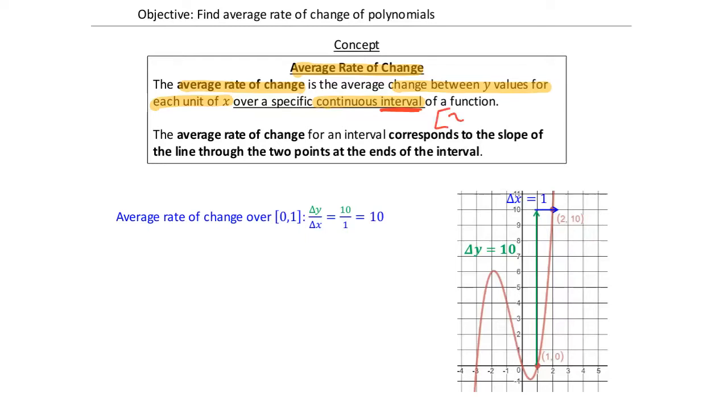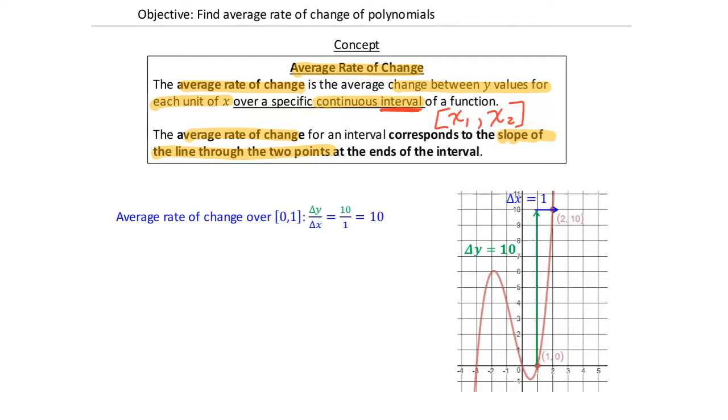You have an x1, comma, x2. Anytime you see the word interval, it's 2 x values there, okay? 2 x values. And then it says that the average rate of change for an interval corresponds to the slope of the line through the 2 points.